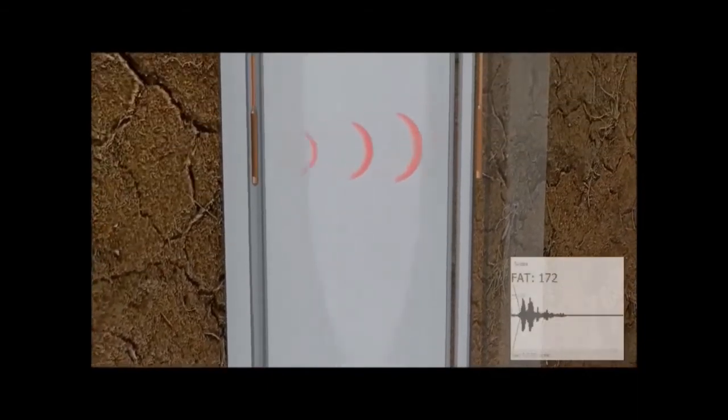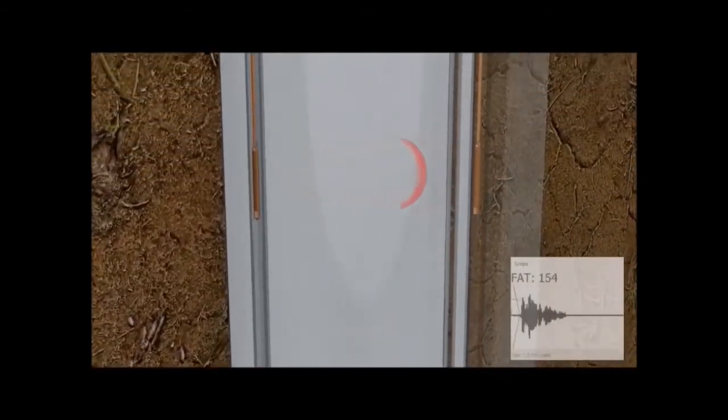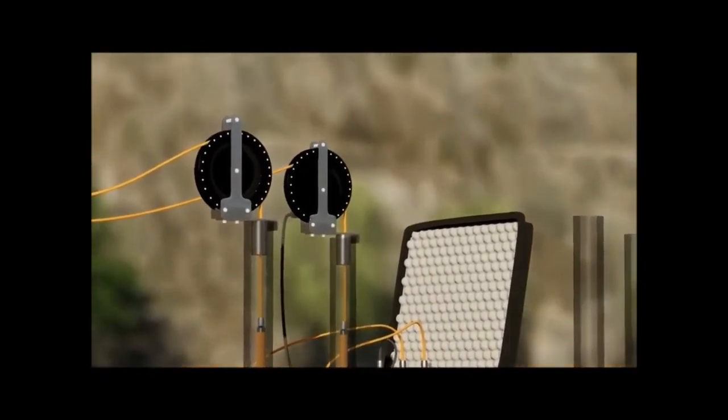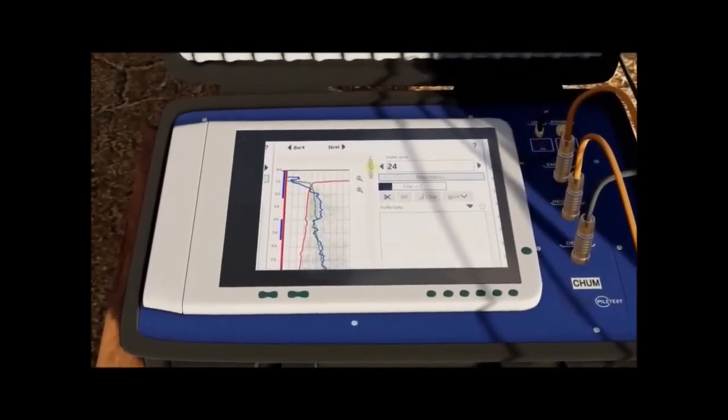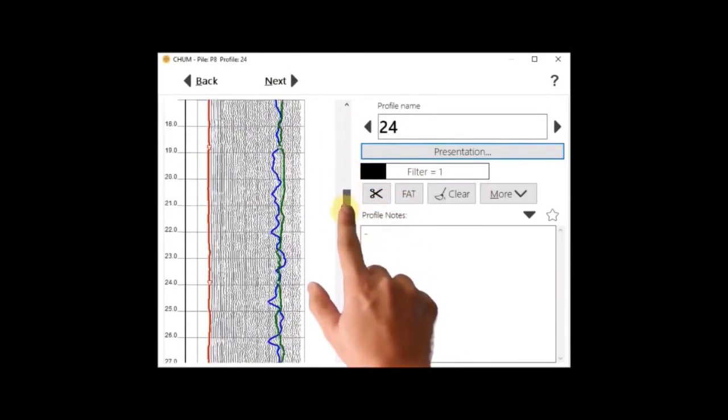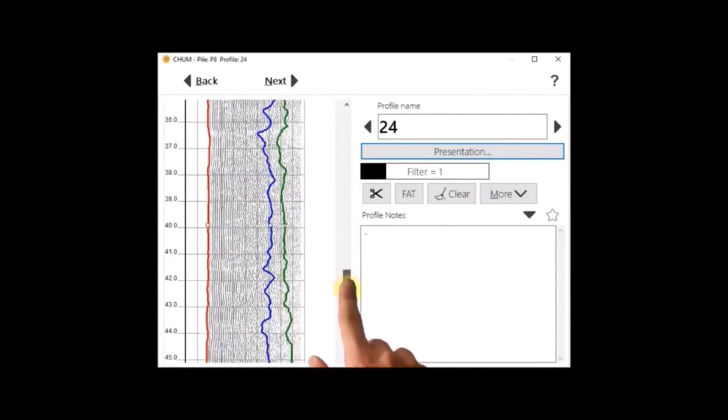CHUM also supports 2D and 3D tomography. Both sensors exit the access tube together, and the ultrasonic profile is already on the screen: first arrival time, relative energy, wave speed, and the waterfall presentation.